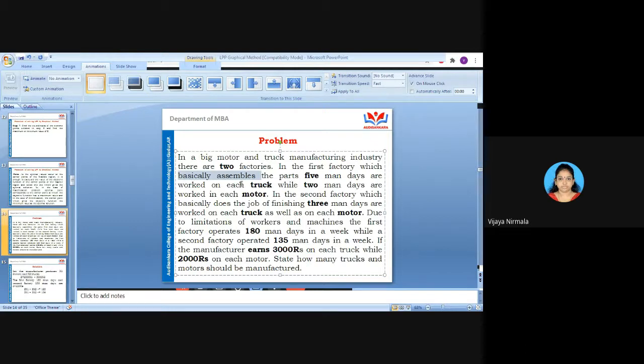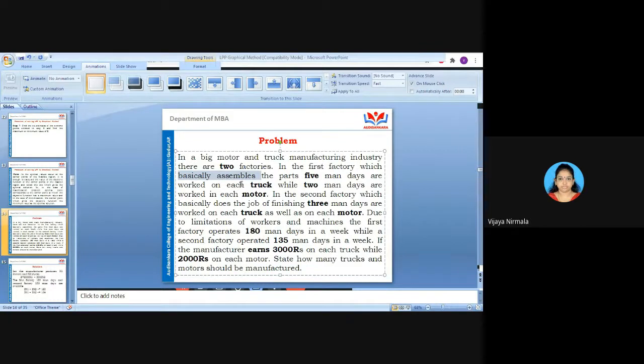He got a profit of 3,000 rupees on each truck and 2,000 rupees on each motor. So this is the problem they have given: how many trucks and how many motors should be manufactured? That is what you have to find out.